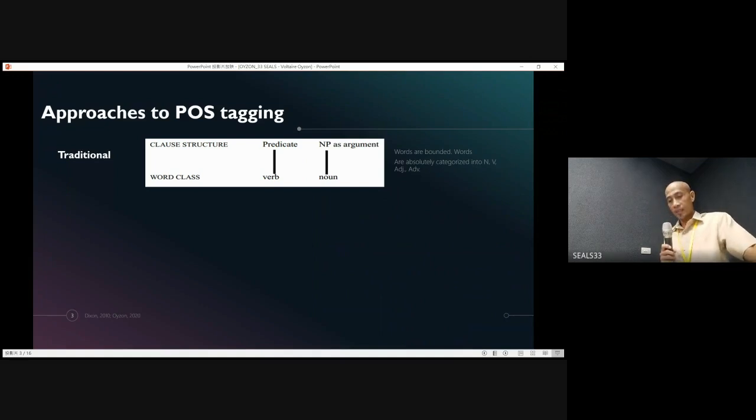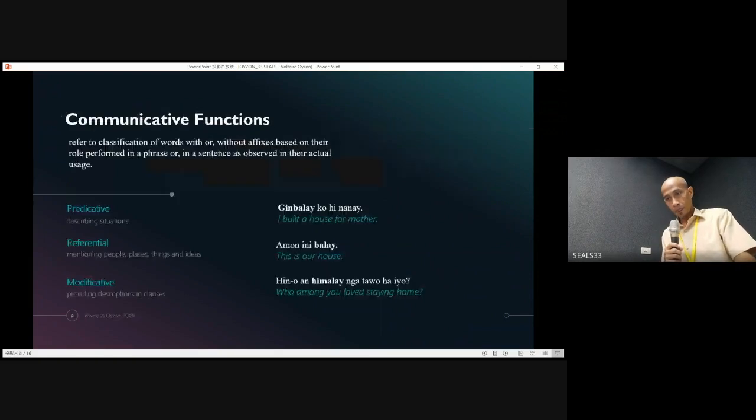Words are absolutely categorized into noun, verb, and adjective or modifiers. However, this is not true in Waray, as can be seen in the example. The root balay can function as a predicate: Gimbalay ko hinanay. It can function as reference: Amon ini balay. And the same can also function as modifier.